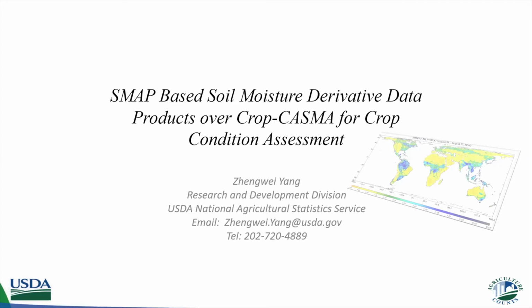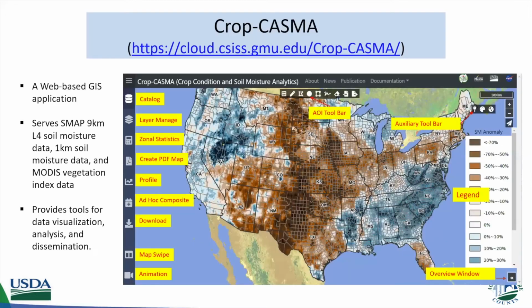Okay. My topic today is SMAP-based soil moisture derivative data products over CropCASMA for crop condition assessment. We recently released a soil moisture application called CropCASMA. This is a web-based GIS application.